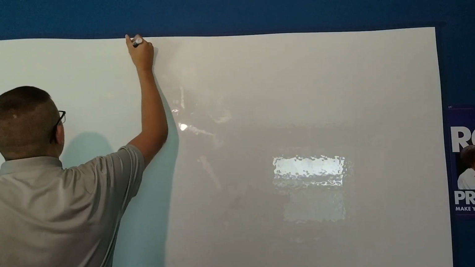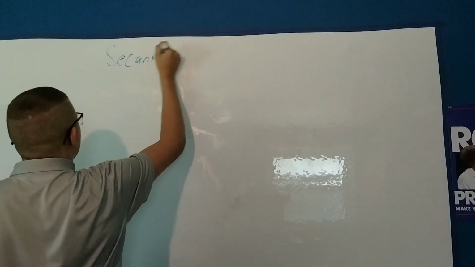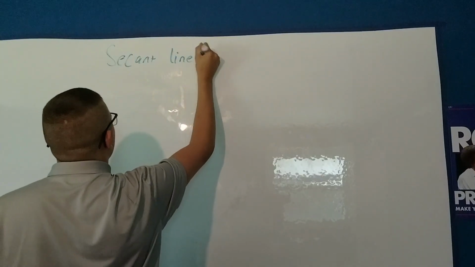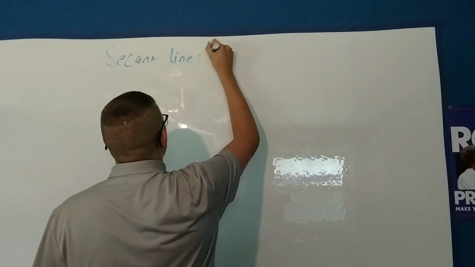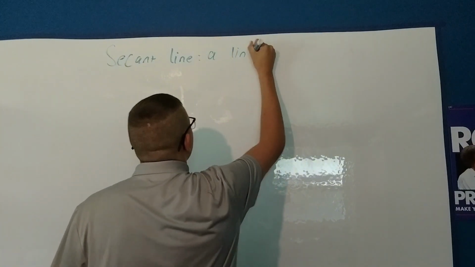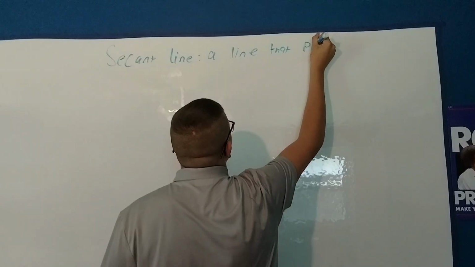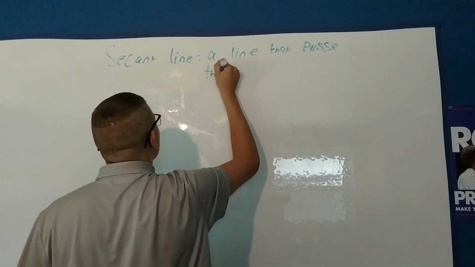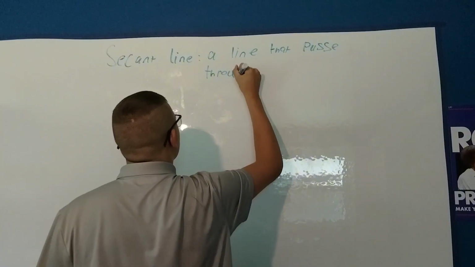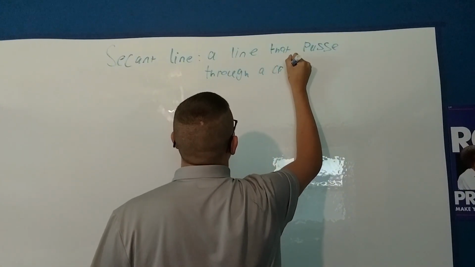But if we look here, we have the secant line. The secant line is a line that passes through a circle.